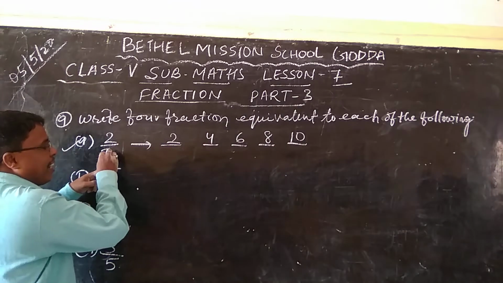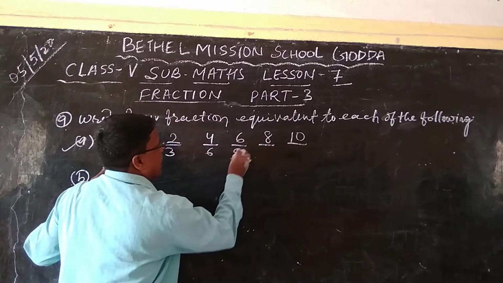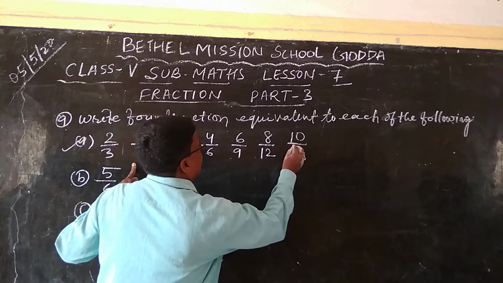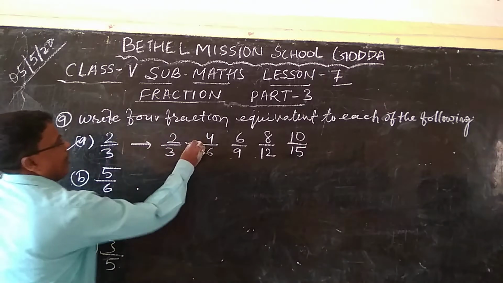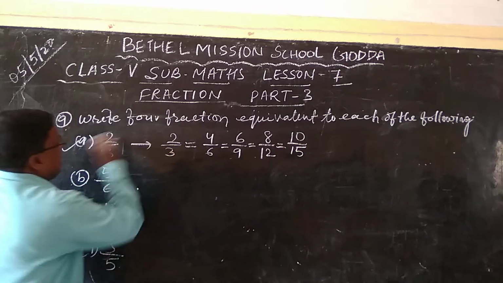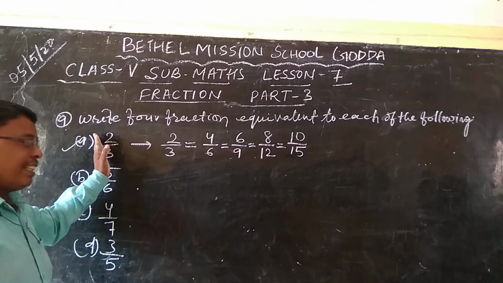Next, 3: 3 1s are 3, 3 2s are 6, 3 3s are 9, 3 4s are 12 and 3 5s are 15. So these are the equivalents of 2 by 3.